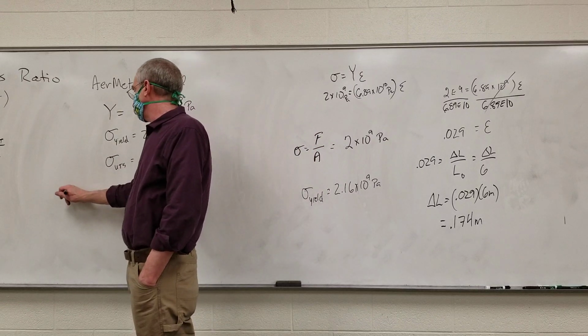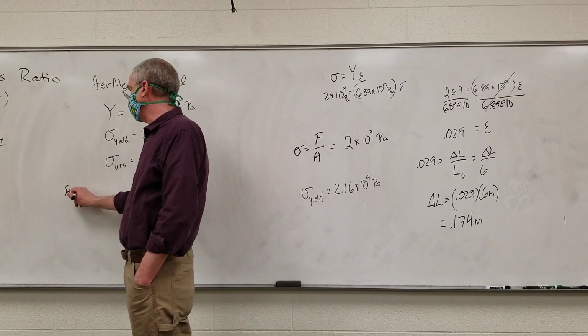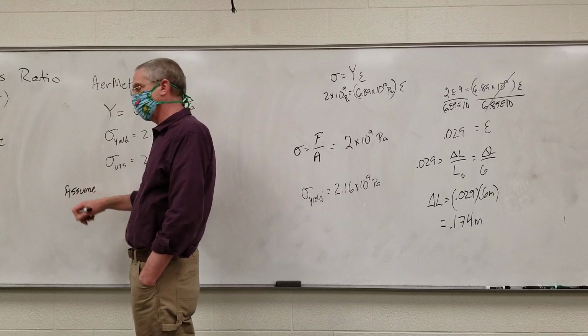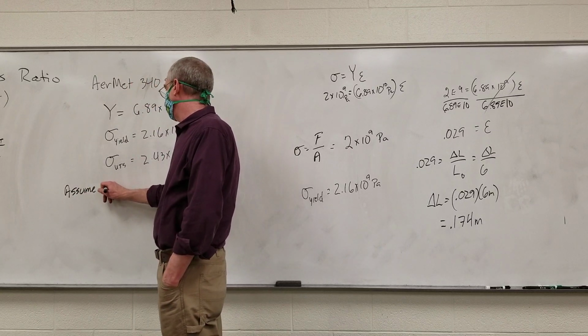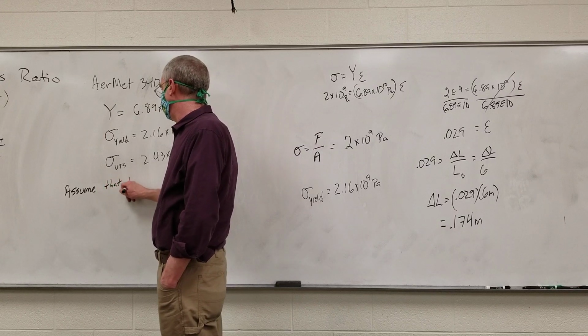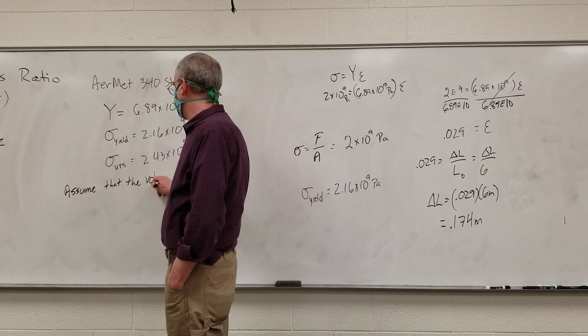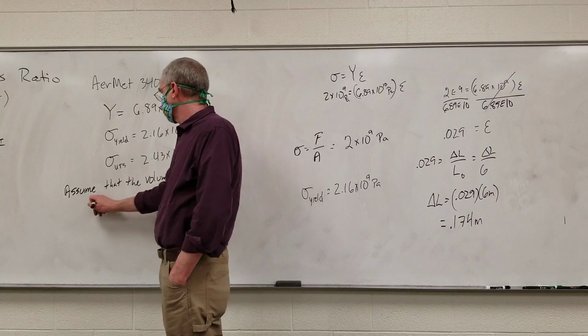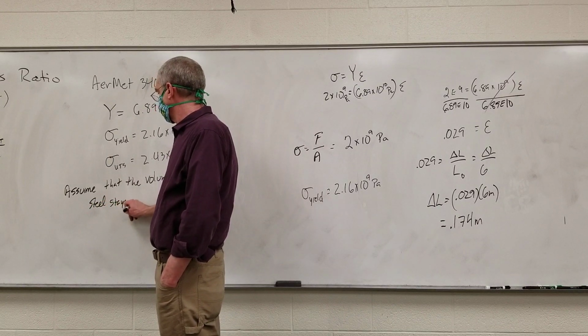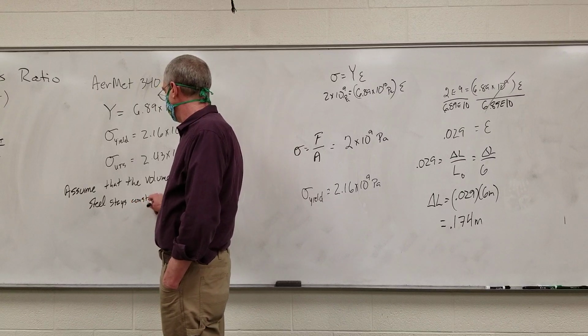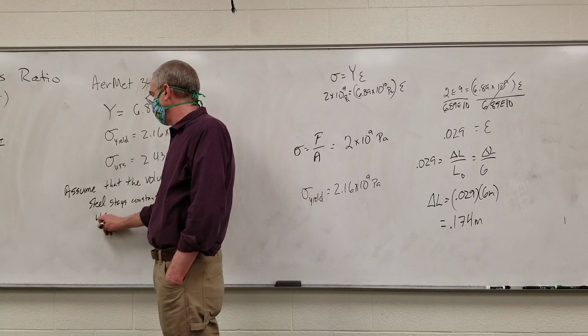What I want us to assume, and this is not a valid assumption for the steel, but just in terms of working through a problem, assume that the volume of the steel stays constant within the elastic region.